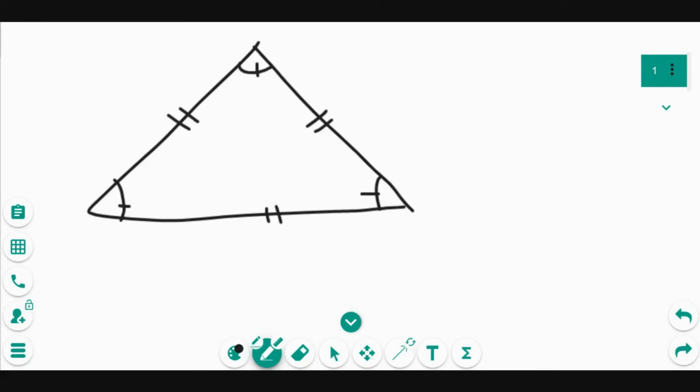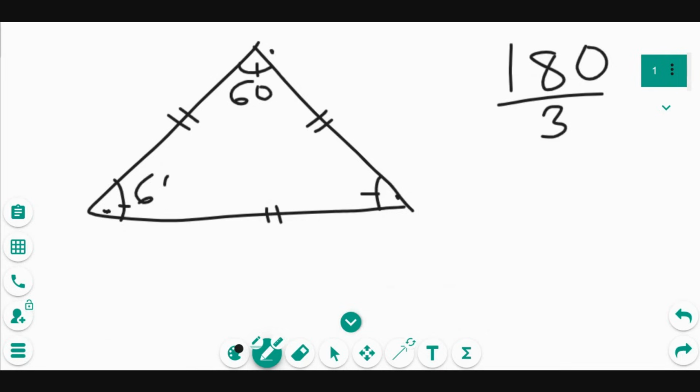We know that the total angle sum of a triangle is 180. Since these 3 angles are equal, yet the total angle sum is 180, it automatically means that each angle is 60 degrees.